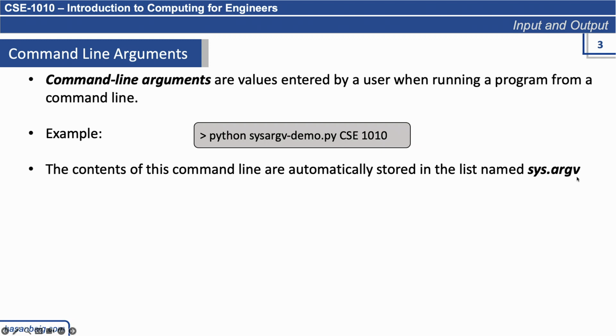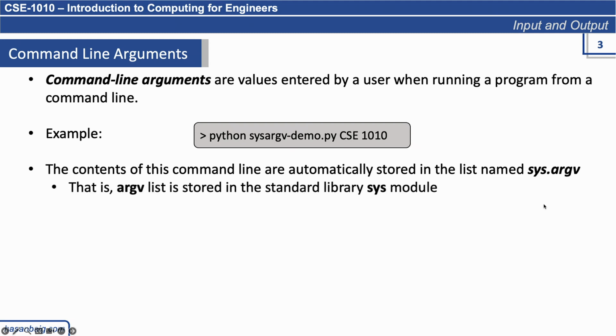We have already talked about dot notation. By just looking at it, this is a list, and this list is located in a module called sys. So argv is the built-in list defined in the sys module. sys is a built-in module; whenever you install Python, it comes with it, just like the math module.